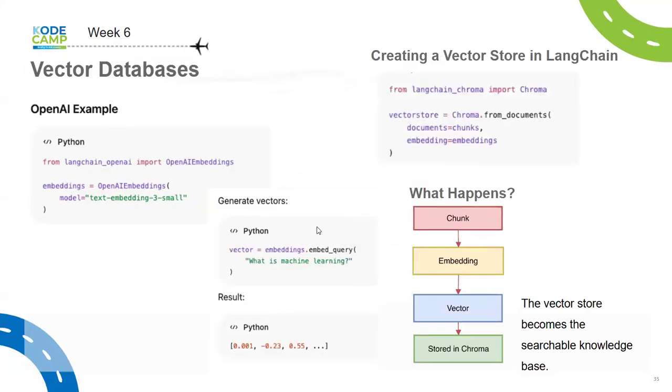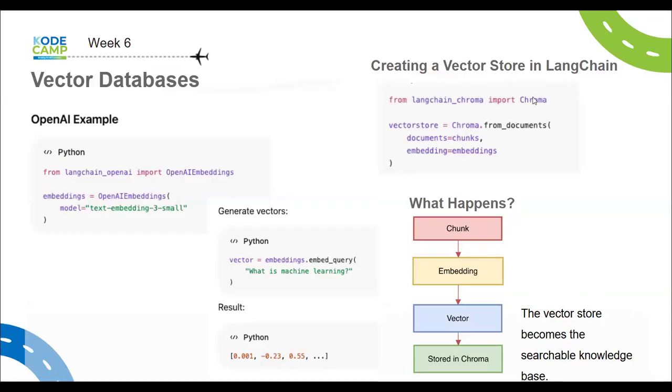Okay, so the other thing that LangChain also provides is vector databases, the abstraction for accessing vector databases, right? This is how you do that. Basically, you can import a vector database.